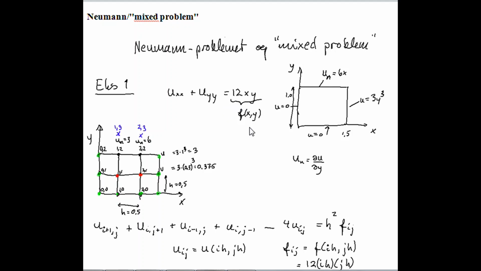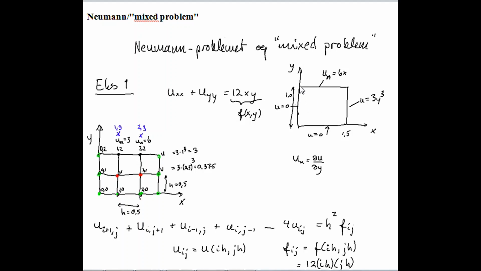Let us now consider the Neumann problem and the mixed problem. And let us illustrate by using this Poisson equation, u_xx plus u_yy equals this function f(x,y), which in this case, for simplicity, we choose to be equal to 12xy.